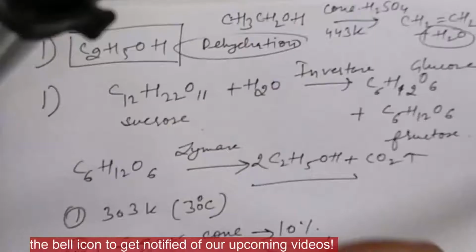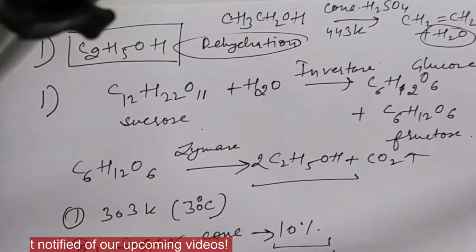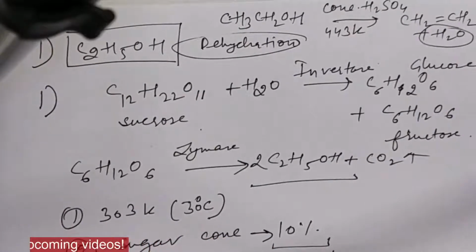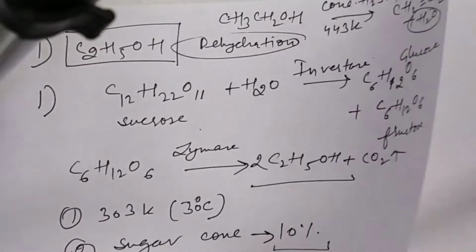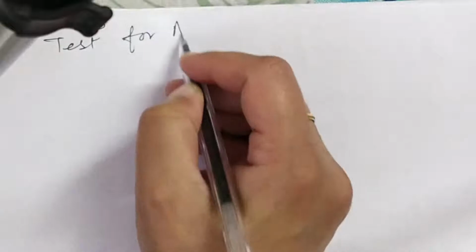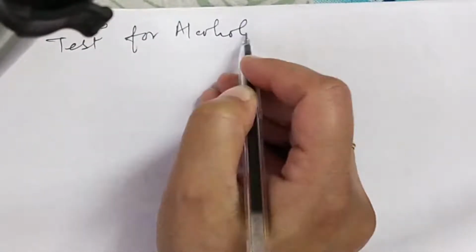Okay, the next topic we are going to discuss is the test for ethanols. You can do the test with the help of sodium metal or with ester formation. These are the two tests you can do if you are asked to perform a test for alcohols. How can you do the lab test for alcohols? A very important question for your exams.